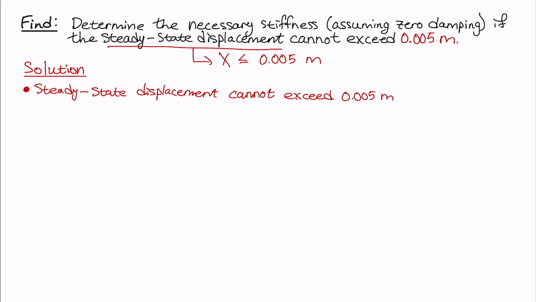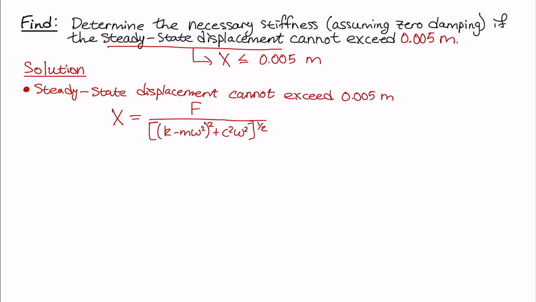That's just 5 millimeters. The formula for big X is equal to the forcing amplitude, big F, divided by... Oh, wait, I have a different formula here. Hold on. It's going to be equal to big F divided by the quantity K minus M omega squared, squared, plus C squared omega squared, all of that raised to the 1/2.